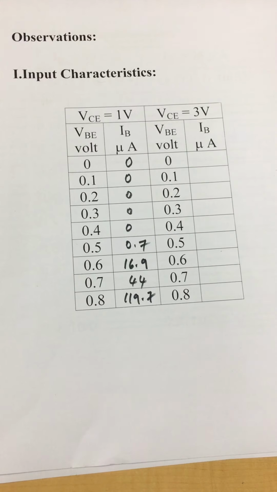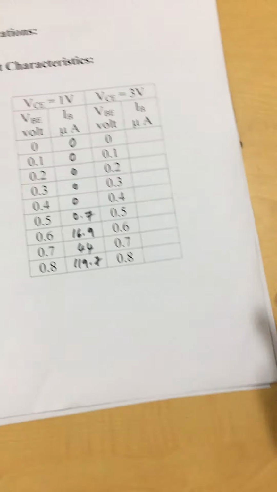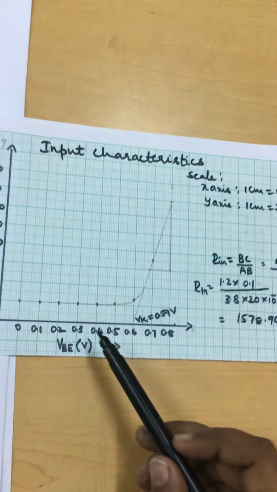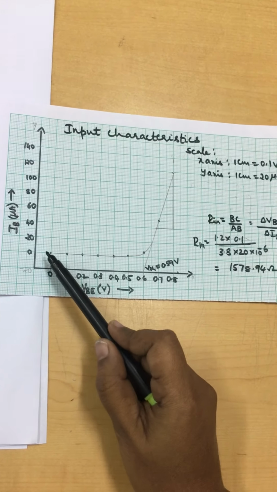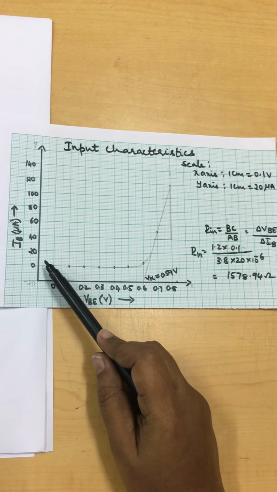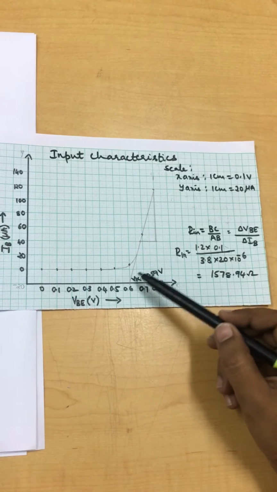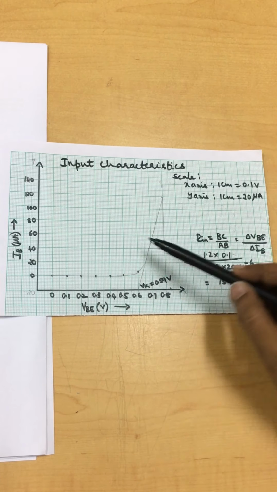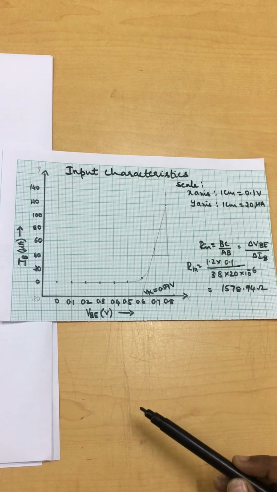So from this tabular column, what does it say? Look into this tabular column. As you increase the voltage, current does not increase. Current is 0 only, and after some particular voltage, current increases linearly with the increase in voltage.